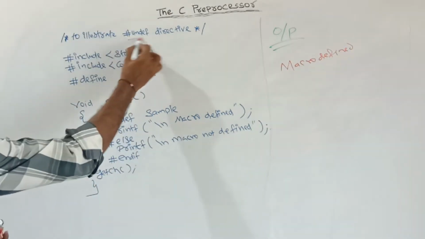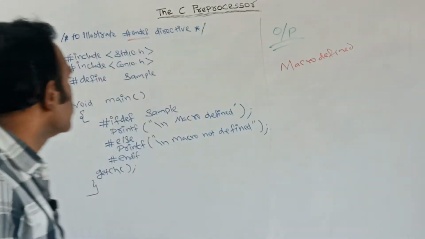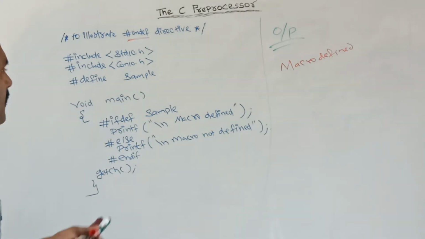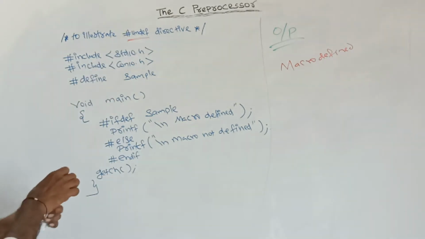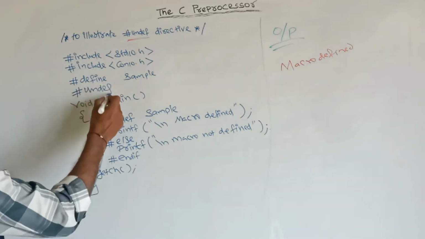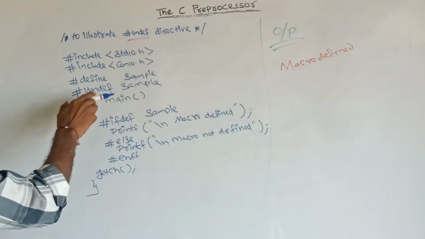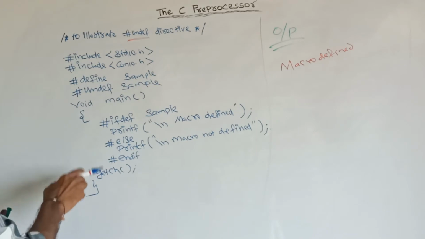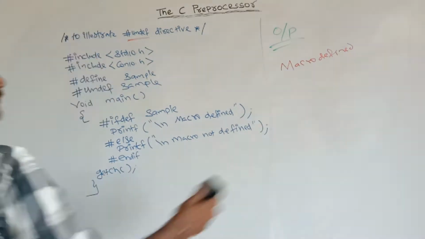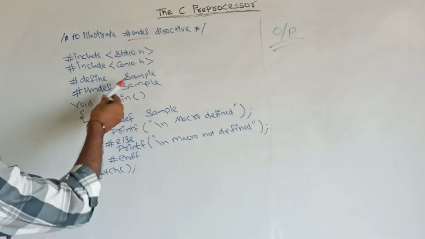This undef is used to remove the macro definition. Suppose I do not need this macro and want to remove it, then I can use this undef. With the help of this undef, I am removing this macro. After giving this, when I run the program, with the help of this ifdef I am checking whether the sample is defined or not.